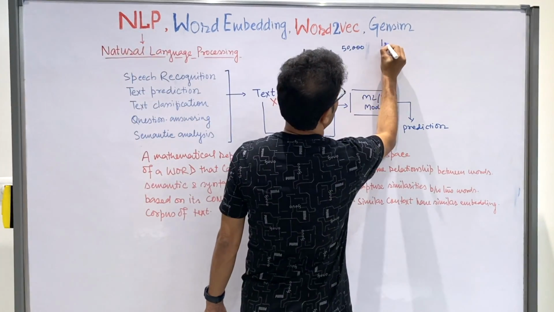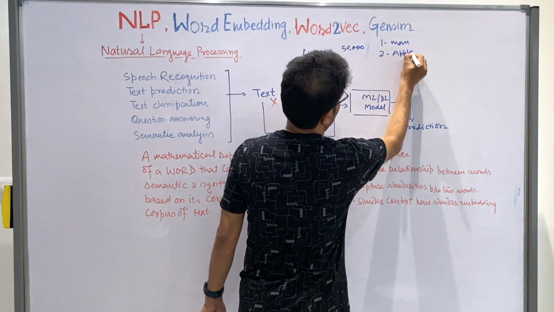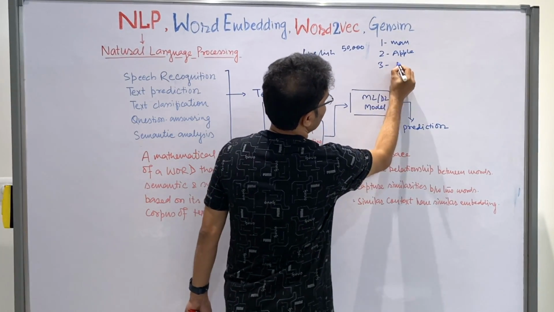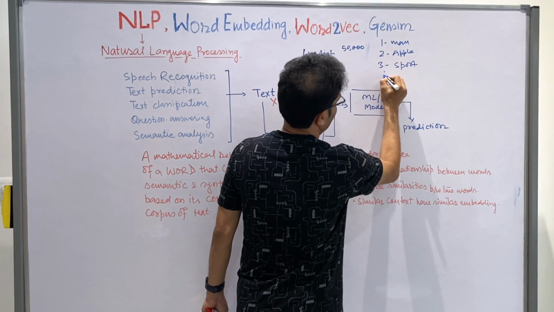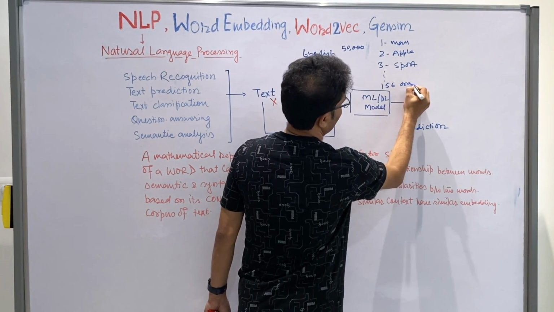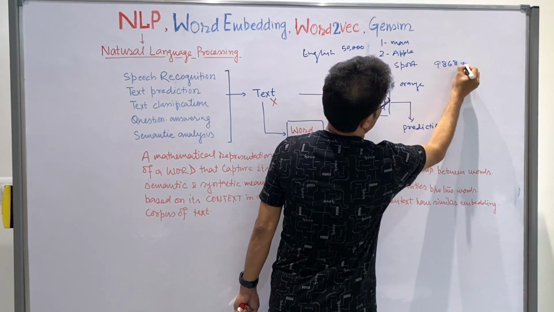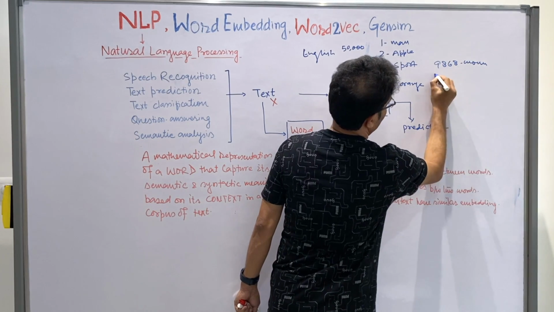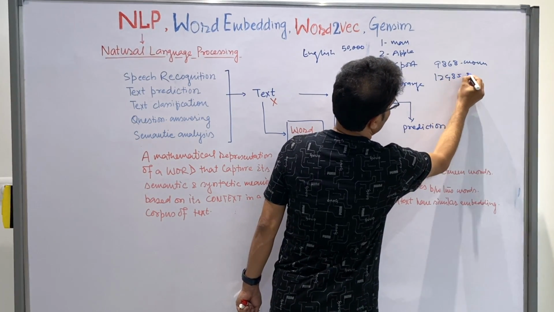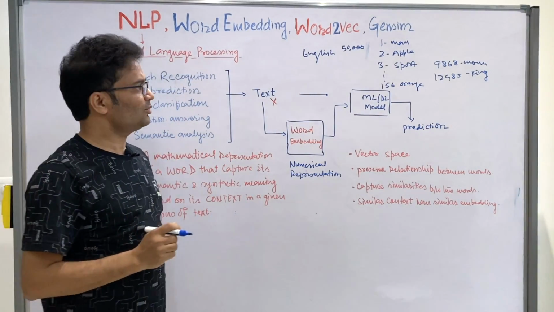Suppose I give number one to man, two to apple, three to sports, 156 to orange, 9,860 to woman, 10,950 to king.